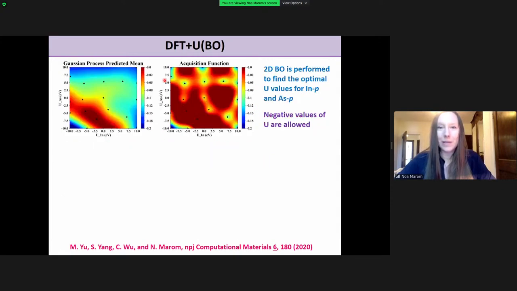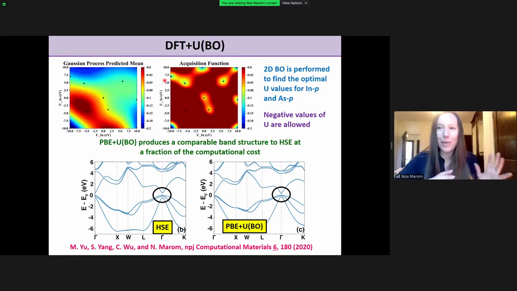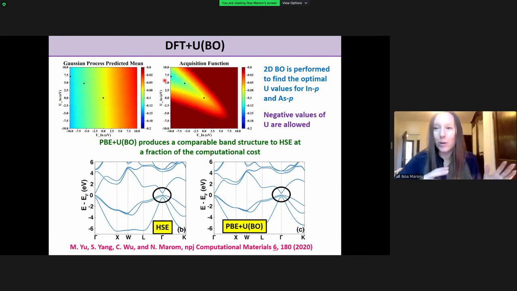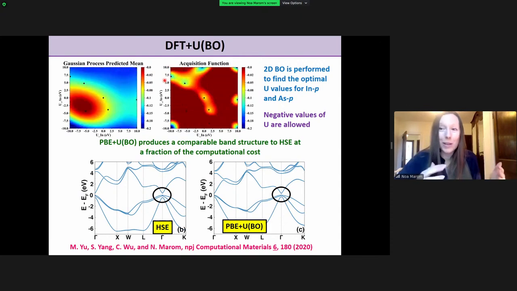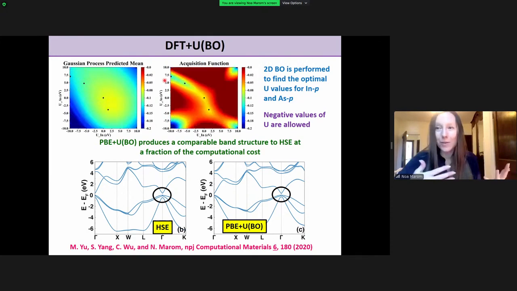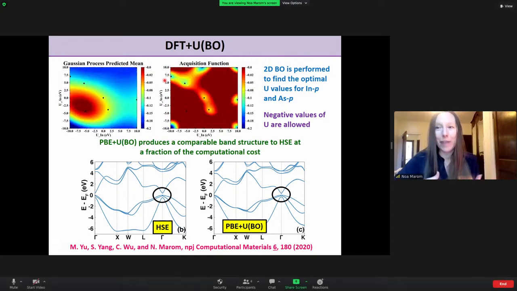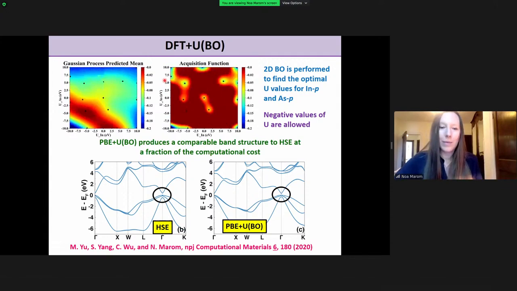And then maybe you can rationalize it with the fact of how the self-interaction error works for d orbitals versus p orbitals, that d orbitals tend to be overly delocalized and maybe the p orbitals tend to be overly localized. It's not well studied on formal grounds, but empirically it has been found to work by us and others. Okay, thank you.